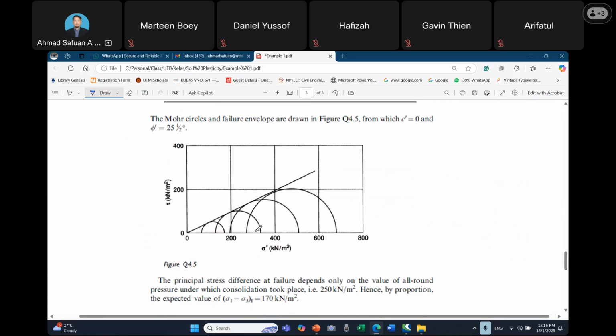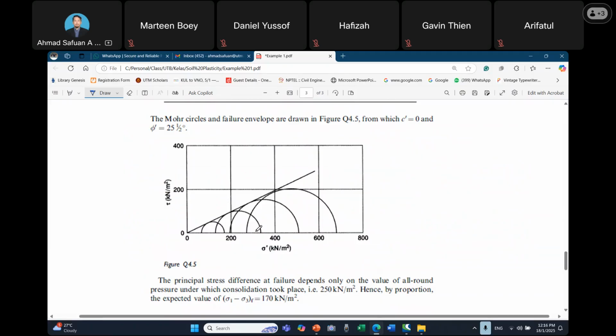From there, the Mohr circles and failure envelope are drawn in Q 4.5, from which C is equal to 0 and phi is equal to 25 and a half degrees.